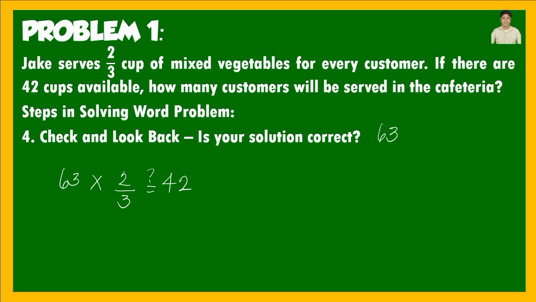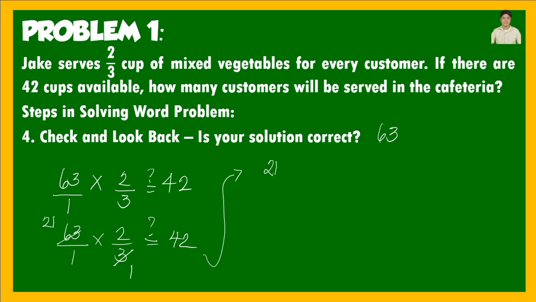So, let's check. So, rewrite lang natin 63 over 1 times 2/3 is equal to 42. So, pwede natin i-cancel out yung 63 tsaka 3 kasi GCF nila is 3. So, 63, this will become 21. 3 divided by 3, this will become 1. Next, multiply natin yung mga remaining factors.